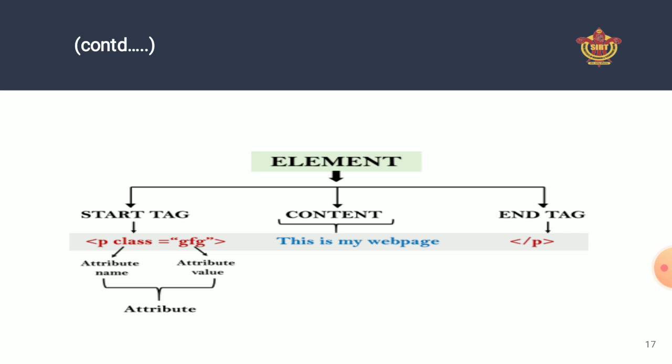Here is an example: this is the element, with a start tag and an end tag, containing some paragraph text. This is my web page. Here P has a class attribute. This is the attribute name, this is the attribute value, and this is also an attribute.